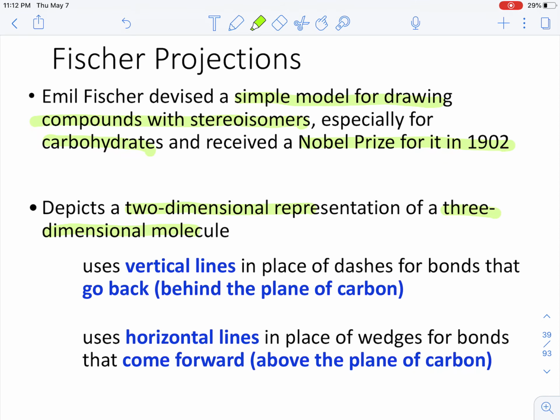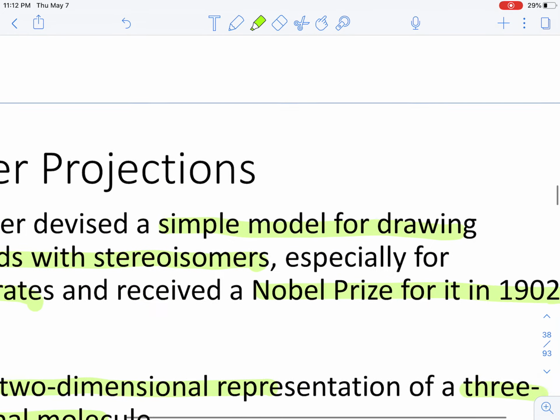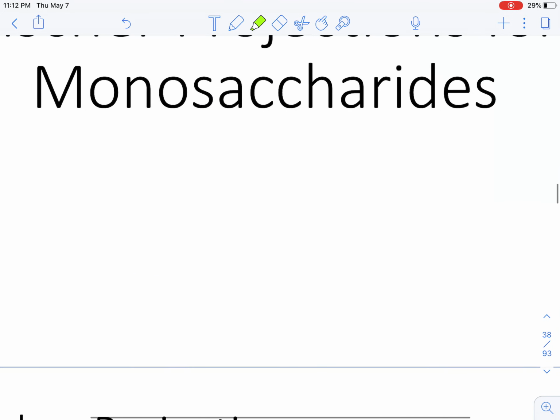Before I talk about these simple rules, I just want to review the tetrahedral geometry of carbons and its depiction using different types of lines, different types of covalent bonds.